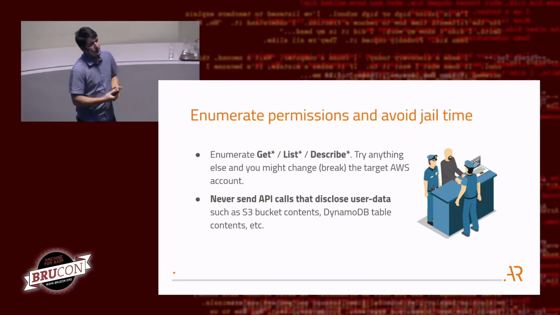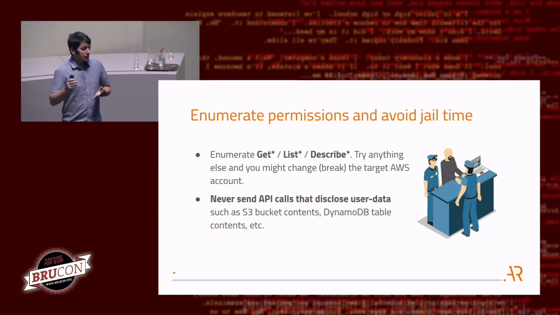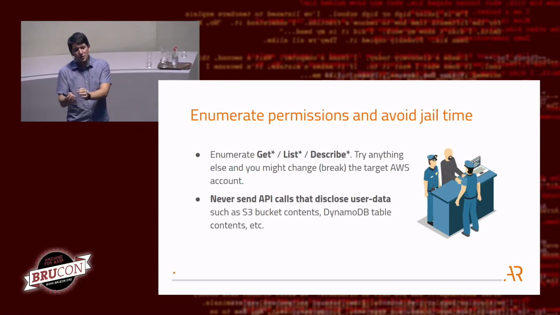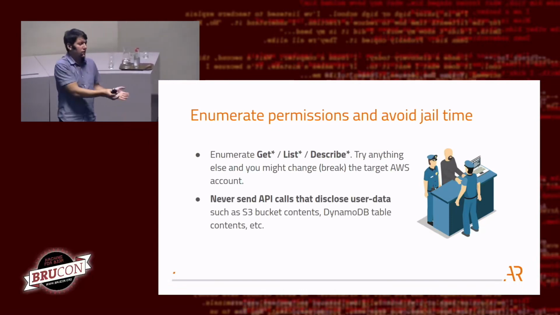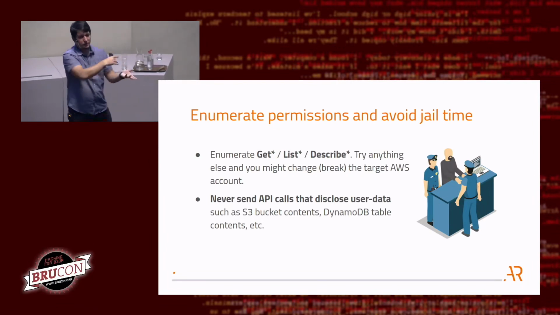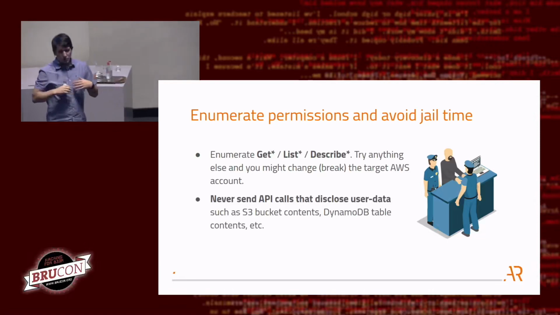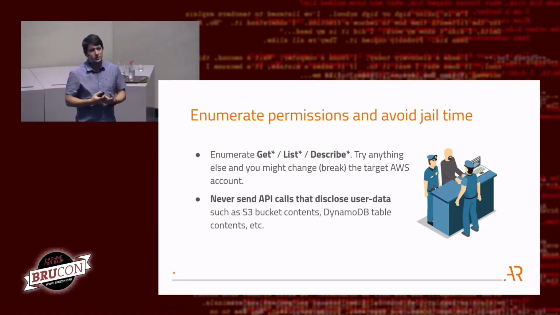You can perform an API call which is going to return the permissions associated with a bucket, or you could run an API call that's going to list the content of the buckets, and another API call which is going to download the whole content of the bucket. Both of those are read-only.